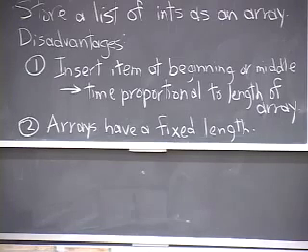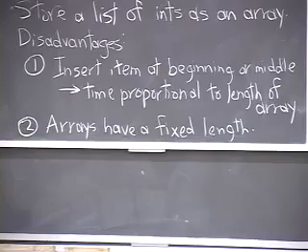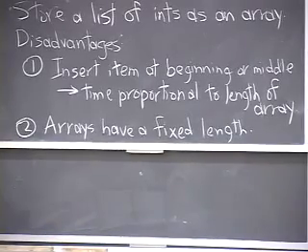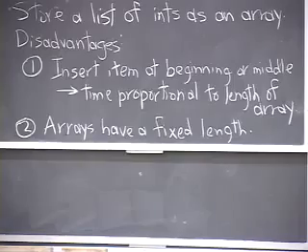So let's just take a quick look at one method that would try to deal with both of these problems when you want to insert one new item into a list.